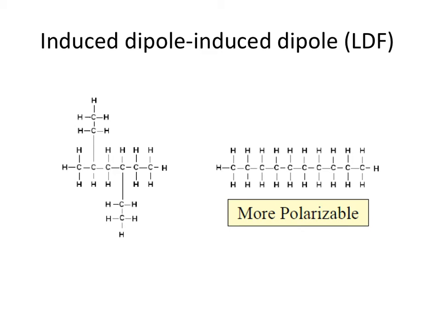London dispersion forces also get stronger as pi or double bonds increase, whereas the structure of the molecule allows other molecules to approach more closely. So a large amount of LDF with pi bonds, that is double bonds or triple bonds, and in a straight chain.